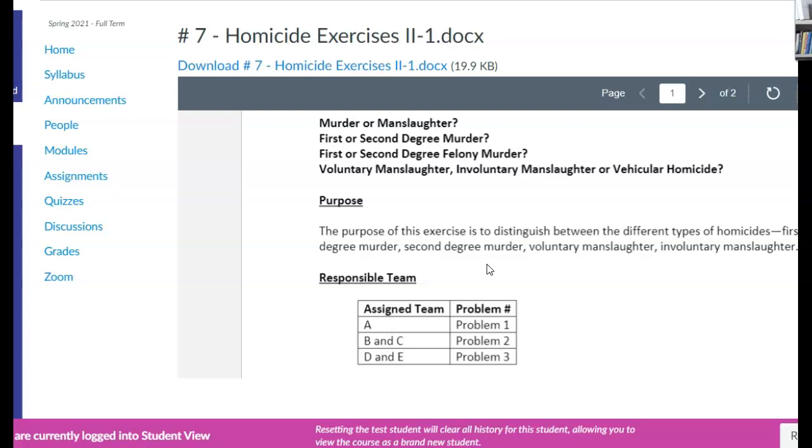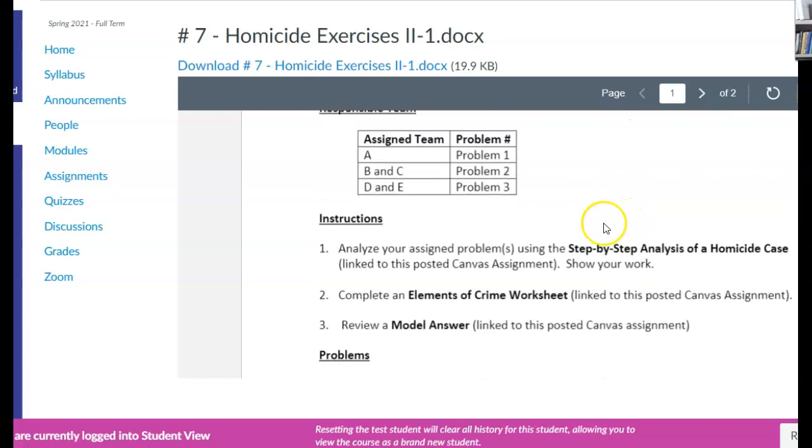Once there's a determination that it is a criminal homicide, then come the distinctions between murder and manslaughter, first degree and second degree murder, voluntary manslaughter, involuntary manslaughter, and vehicular homicide. So the instructions are to complete the step-by-step analysis, to use the elements of a crime worksheet, and to review the model answer.